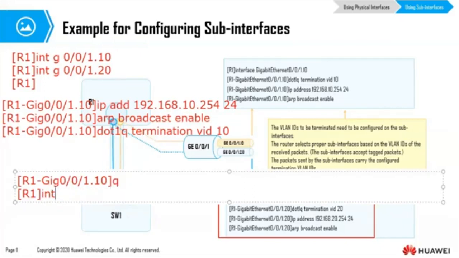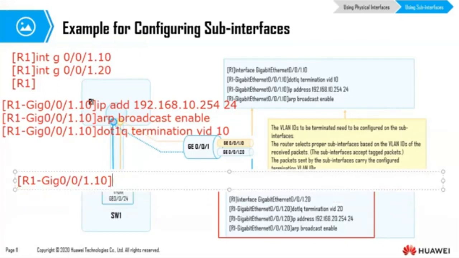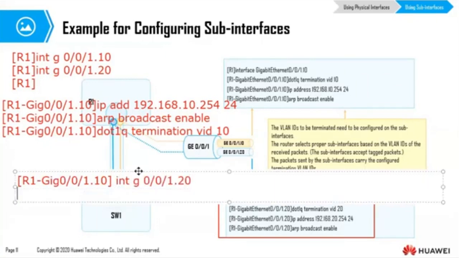The other option, when you are on any interface, you can move into any other interface without the need for quitting. For example, you can create the other sub-interface like this, .1, .20. Enter, and it gets you to that. Are we together?